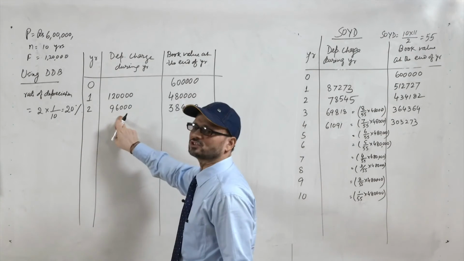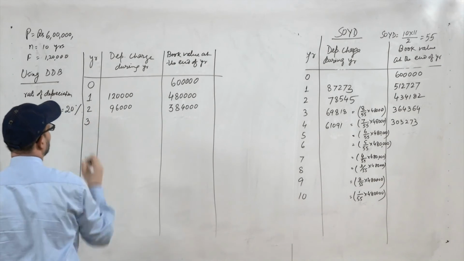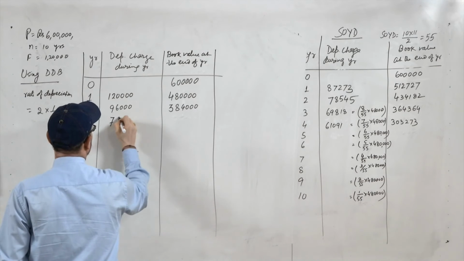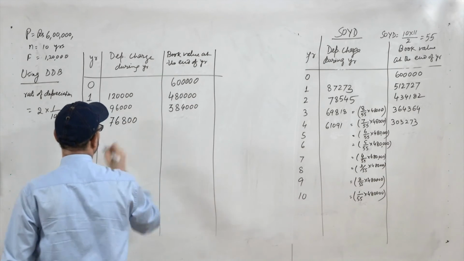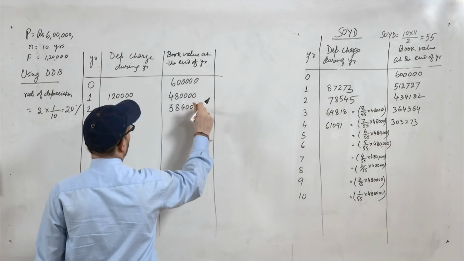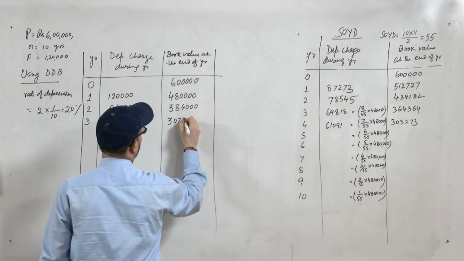4,80,000 minus 96,000, 3,84,000. So, in the third year depreciation charge will be 20% of 3,84,000, that is 76,800. So, the book value at the end of third year comes out to be 3,07,200.